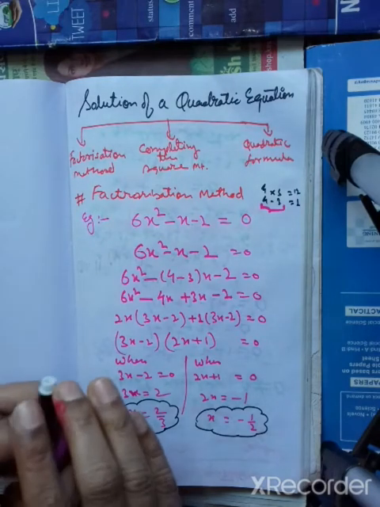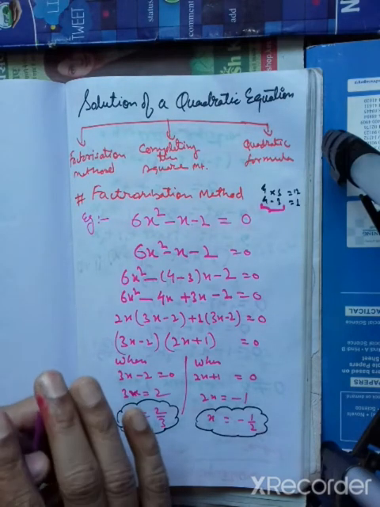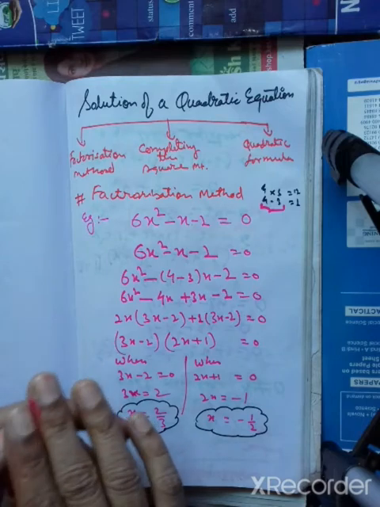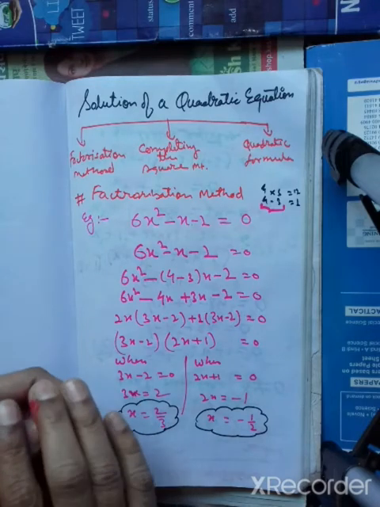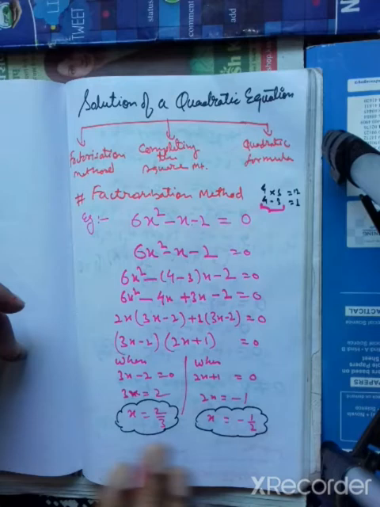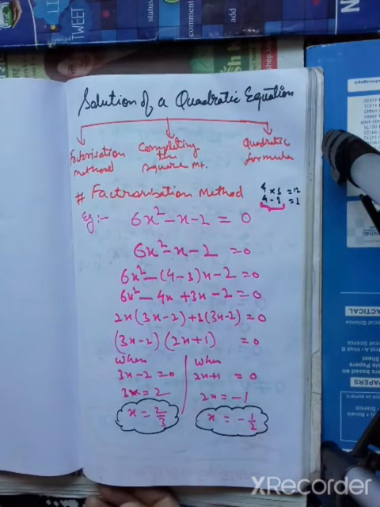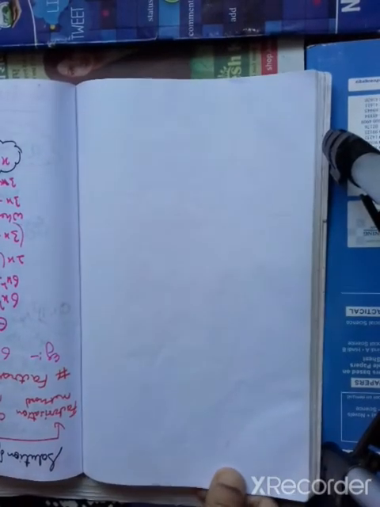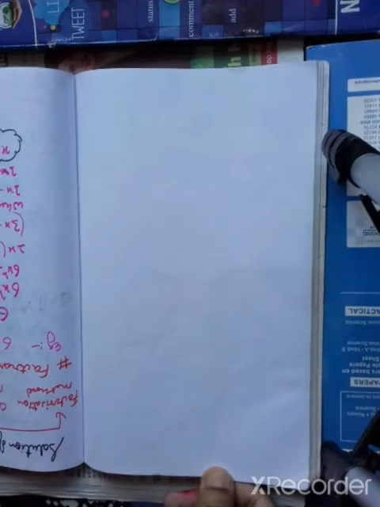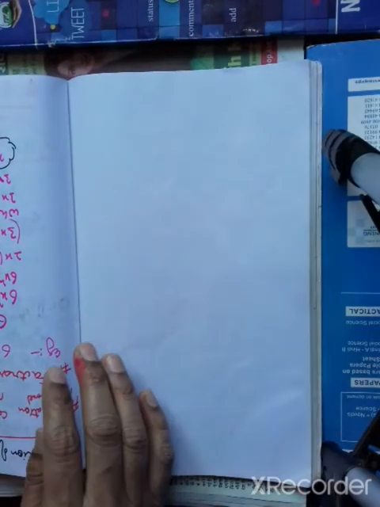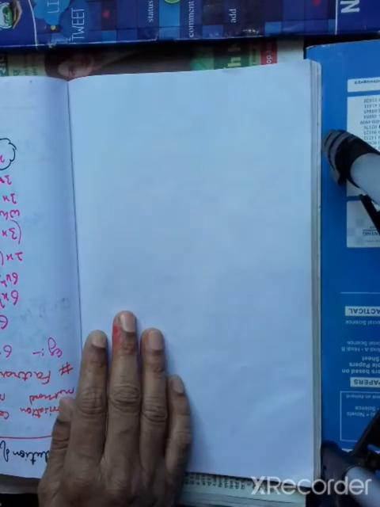Same questions you will find. Question number 1, exercise 4.2, find the roots of the following quadratic equation by factorization. So you have to use this method. Then let us move to question number 3 here, which is a statement question.